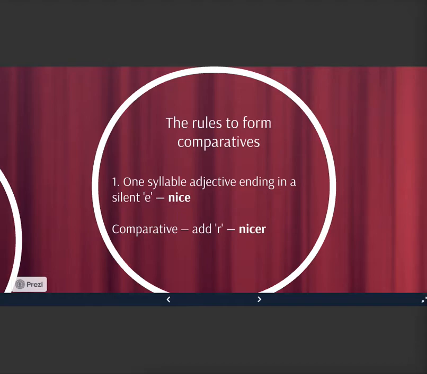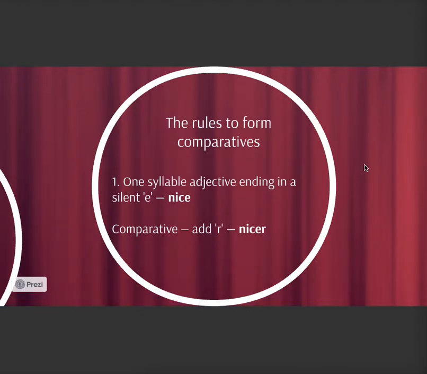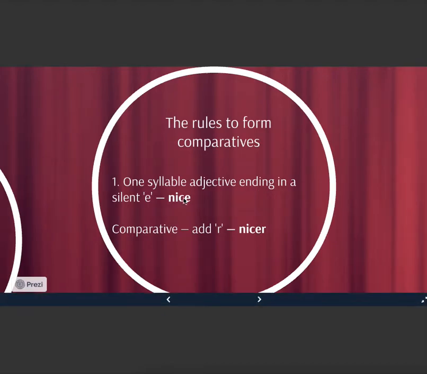Si tienes un adjetivo de una sola sílaba, como nice, pero ese adjetivo te termina en e, simplemente vas a agregar una r. Porque, ¿qué pasa? There is one rule, guys, that says that if you have an adjective of 1 syllable, the only thing you have to do with short adjectives is to add er. Look at this. But if that adjective of 1 syllable is ending with e, you just have to add r.